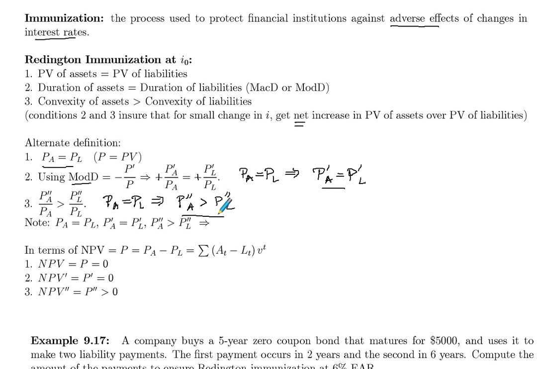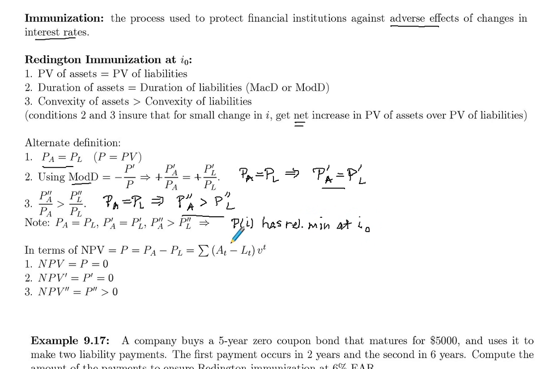What those three conditions together are telling you is that if you look at the function P of I, the present value of the cash flows written in terms of the interest rate, that thing has a relative minimum at that current interest rate, which is I0.